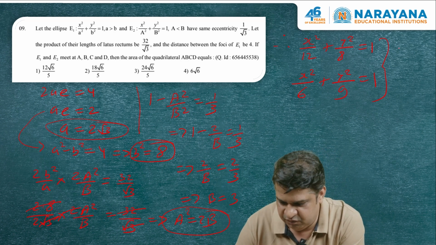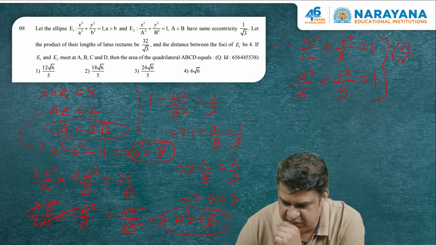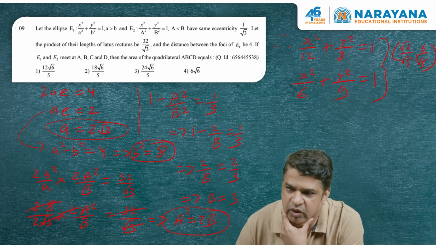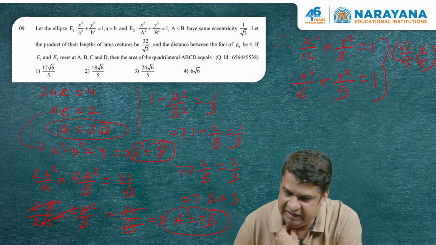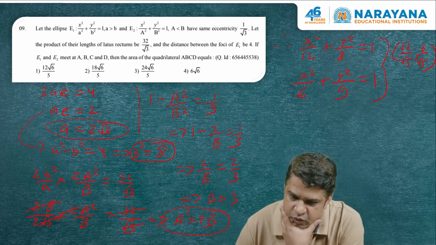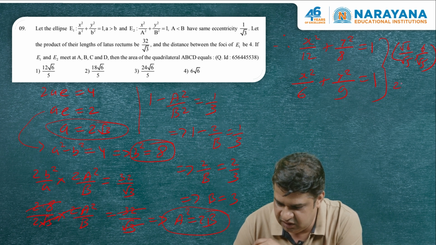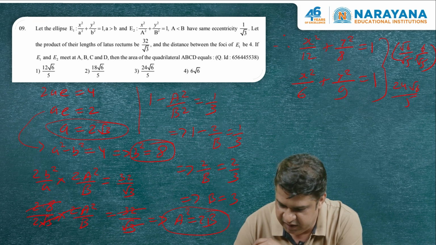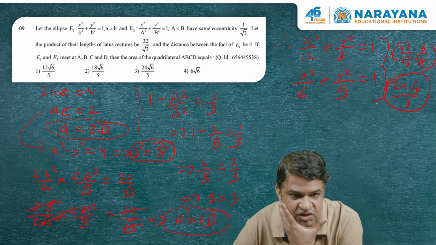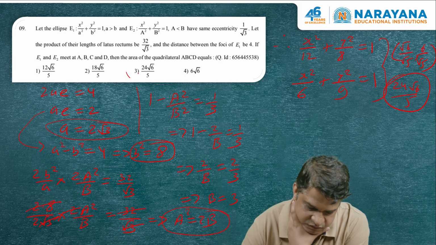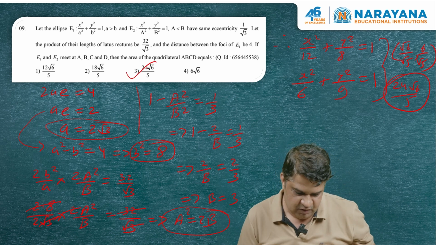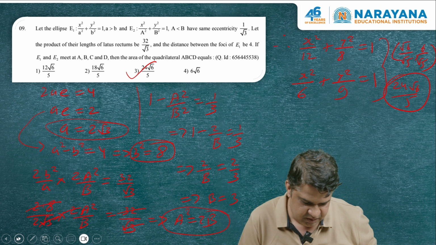So, point of intersection in the first quadrant, we will get root 6 by root 5 comma 6 by root 5. So, if it is the point of intersection, then area will become 4 times their product. So, it is 24 root 6 by 5, our final answer. So, move on to the next question.